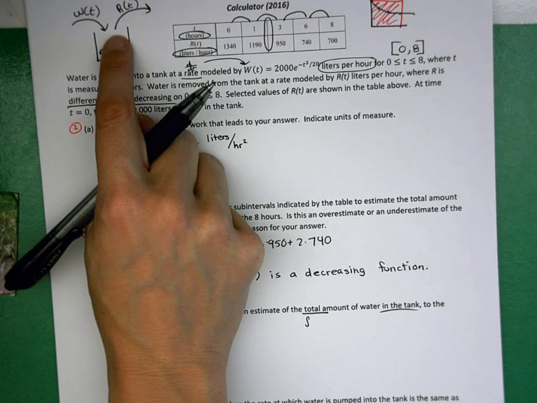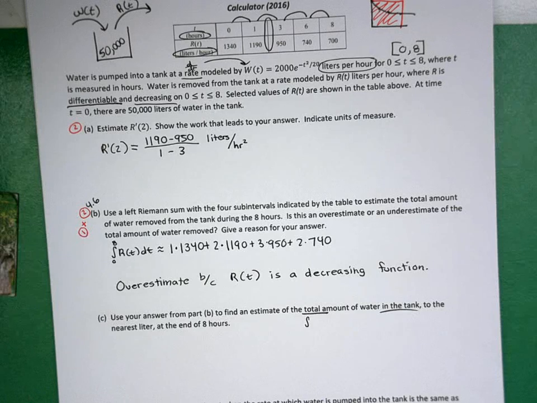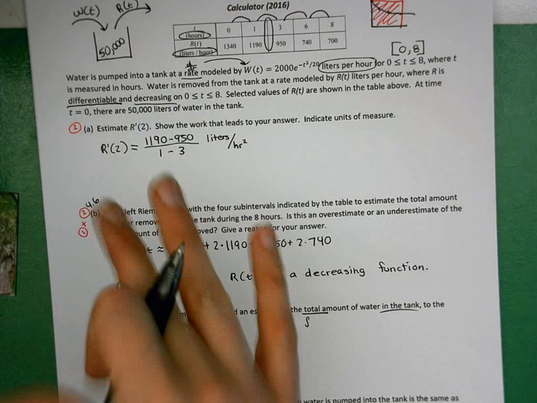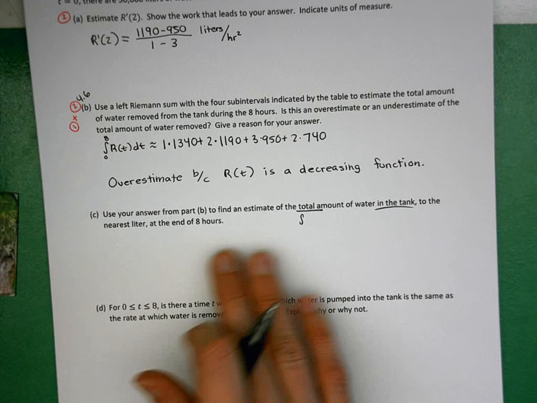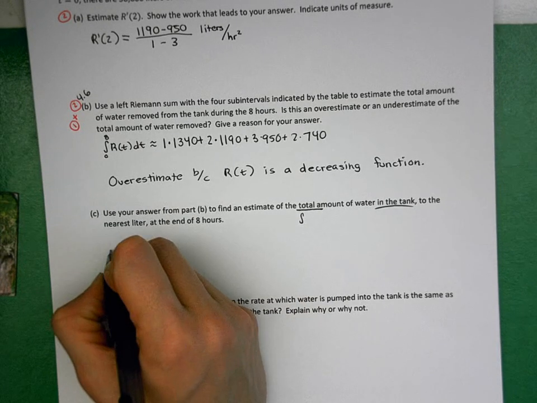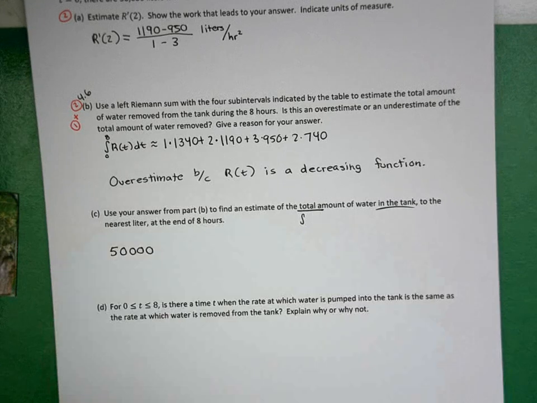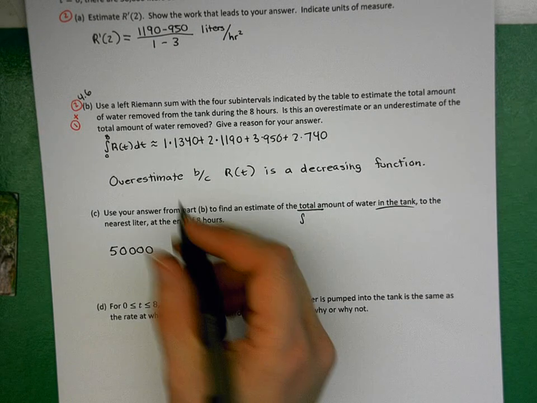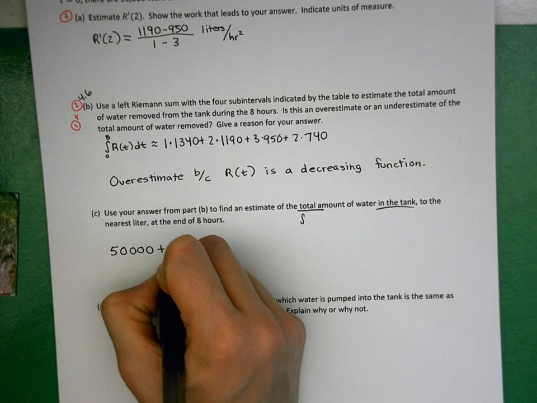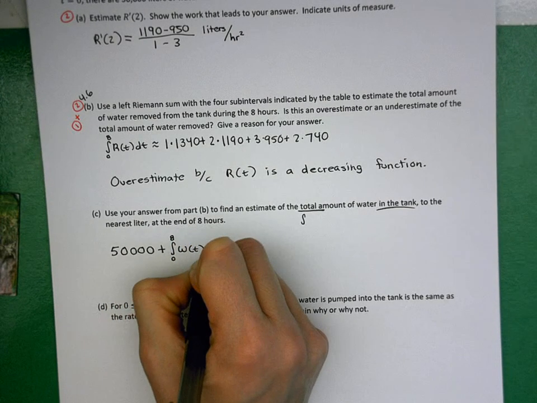There are 3 things impacting what's inside of my tank here. And so as we are approximating our total amount in the tank, we need to make sure we say, well, there are initially 50,000 liters already in there. And then W of t is going in. And R of t is coming out.